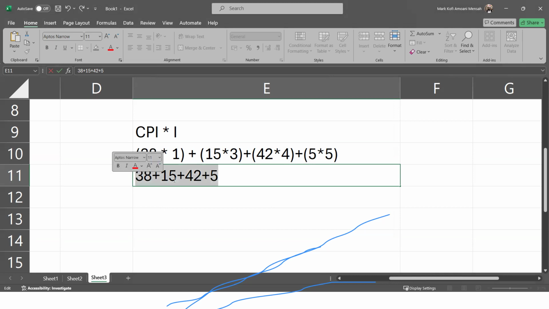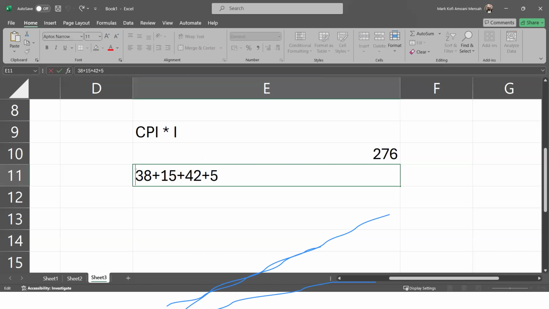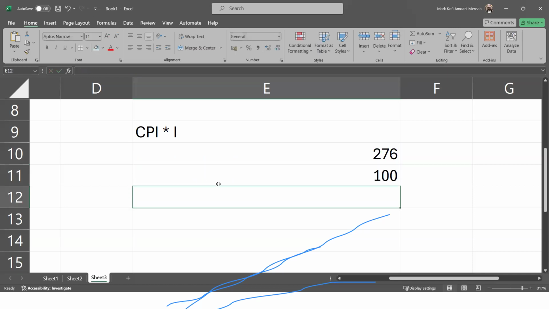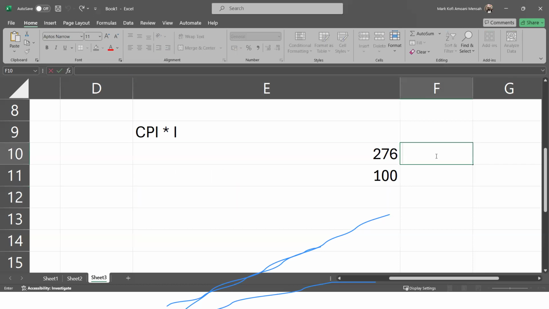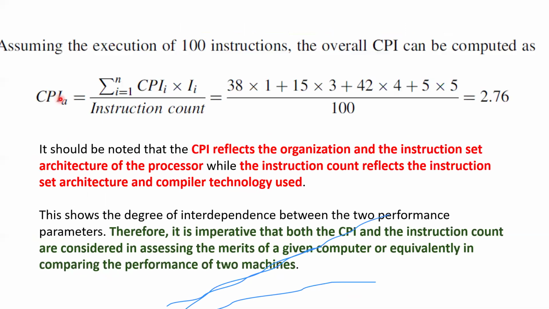This will give me the total instruction count that I used in my CPU. Over here, if I do this, it will give me an answer of 100. Then, according to the formula again, I am supposed to take whatever is at the top and divide it by whatever I have at the bottom. And whatever answer I get is my overall CPI. As you can see, that is what I get.